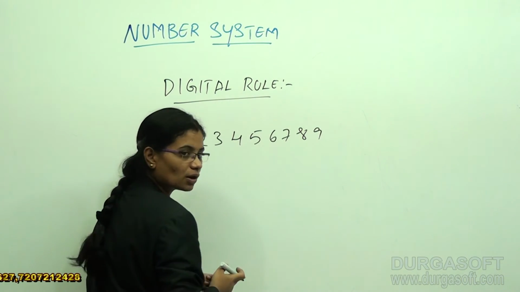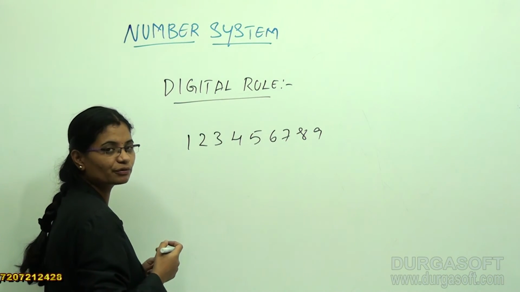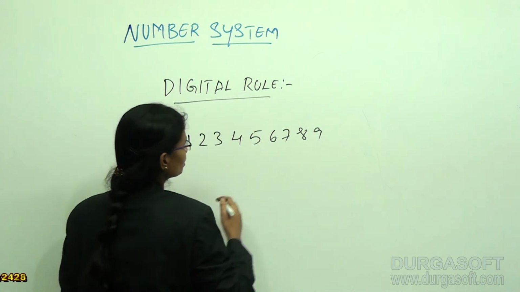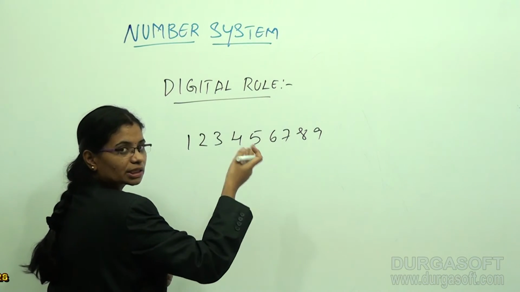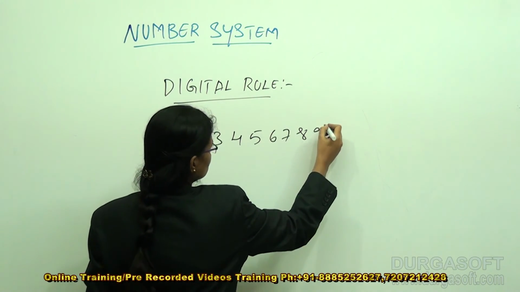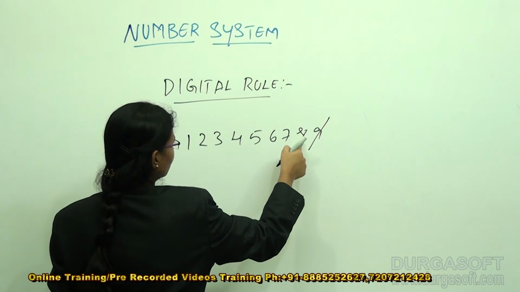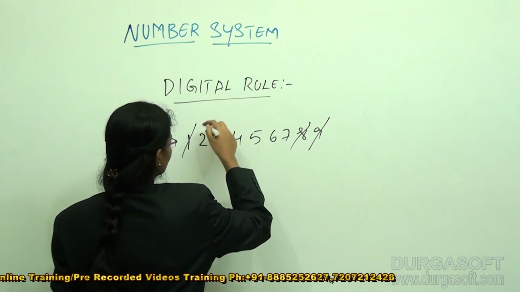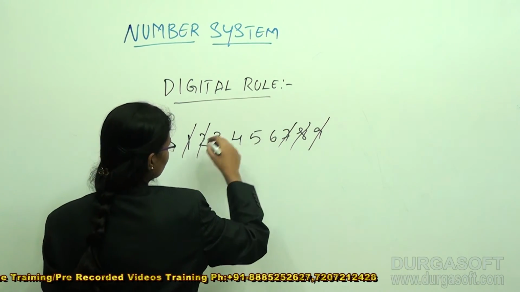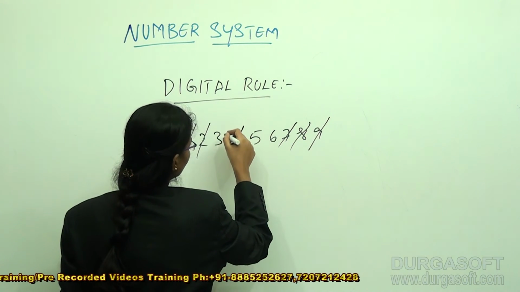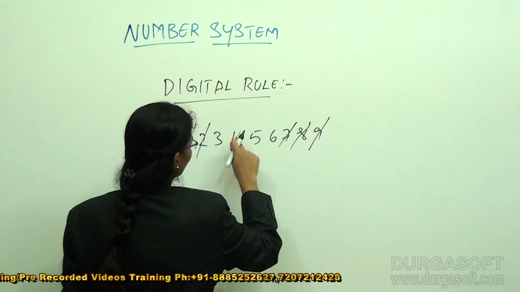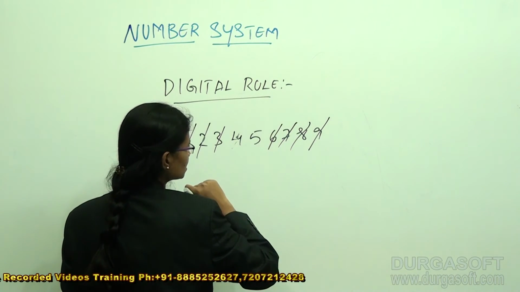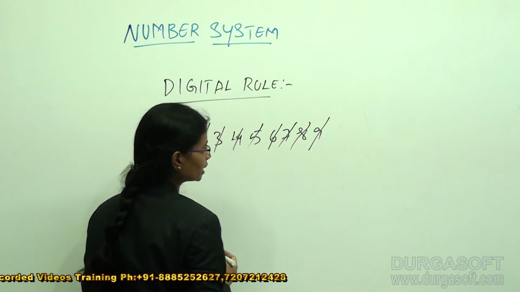Just cancel all the 9s, and whatever number is leftover will be the digital root of this number. 8 and 1 I can cancel as 9, 7 and 2 I can cancel as 9, 4 and 5 also, and 6 and 3 also.